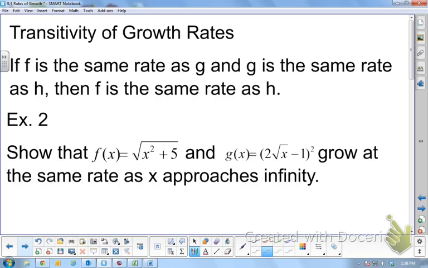And we'll see that in this example here. If we try to compare the two functions, square root of x squared plus 5, and divide that by 2 square root of x minus 1 squared, when we try and go through and apply L'Hopital's rule, we can apply it, but we'd be applying it forever.